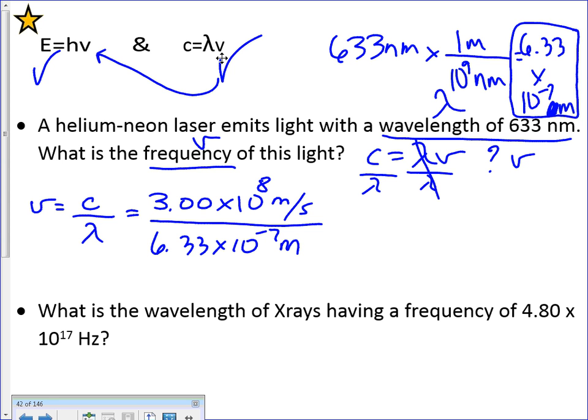Okay, what can we cancel in terms of units right now? Meters and meters. What unit should be remaining? Per second. Good. So calculate right now: 3.00 times 10 to the 8th divided by parentheses 6.33 times 10 to the negative 7. I'm really emphasizing those parentheses because if not, you're going to get some crazy numbers.